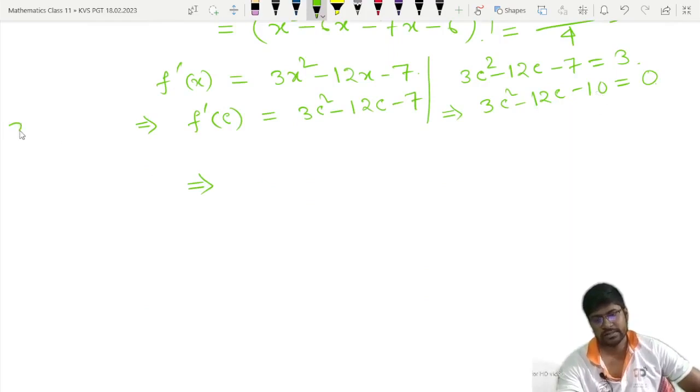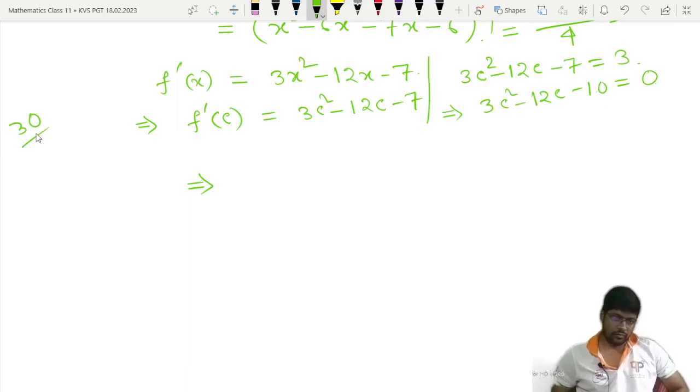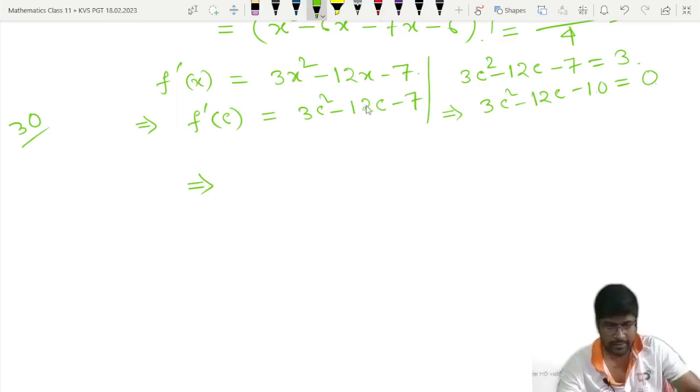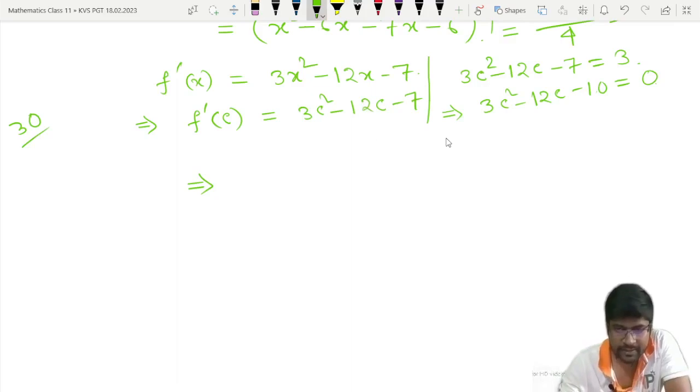How can we split 30? 2 into 15, 3 into 10, 5 into 6. Okay, we will not get middle term factor. I think it is not possible. So then find it directly.